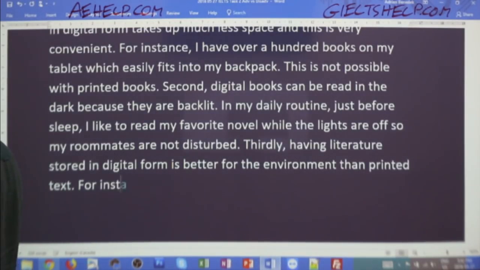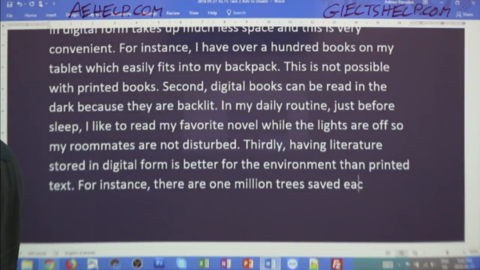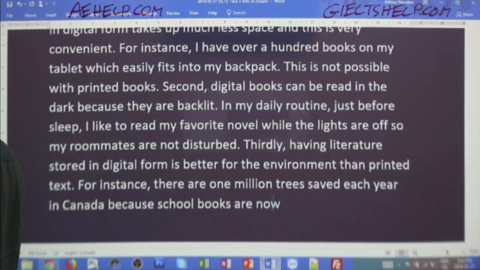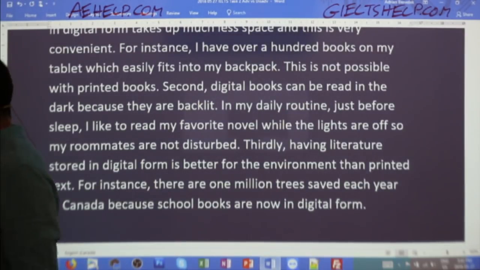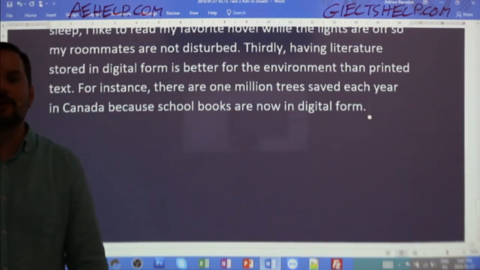For instance, there are 1 million trees saved each year in Canada because school books are now in digital form. Okay, so boom, I can throw that third one in there.